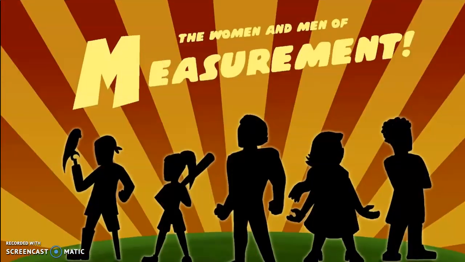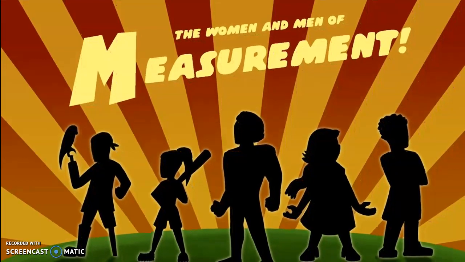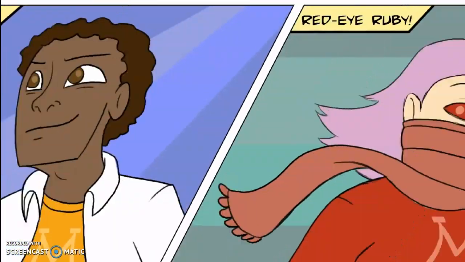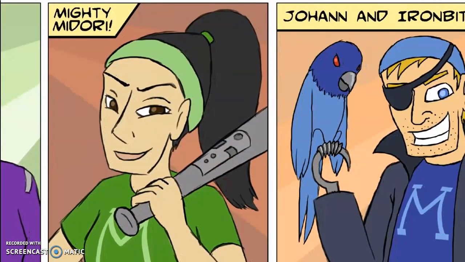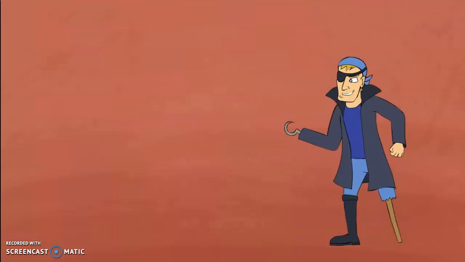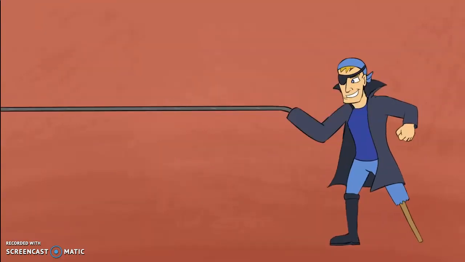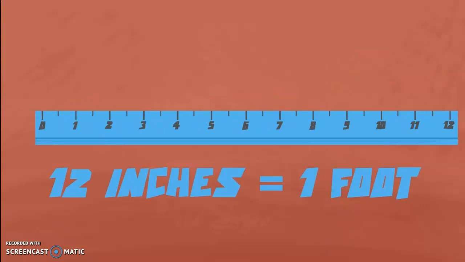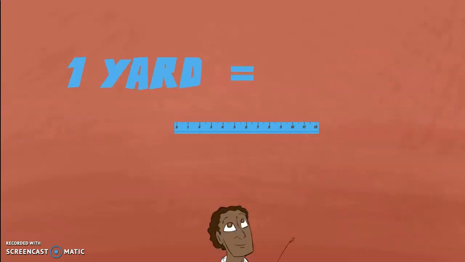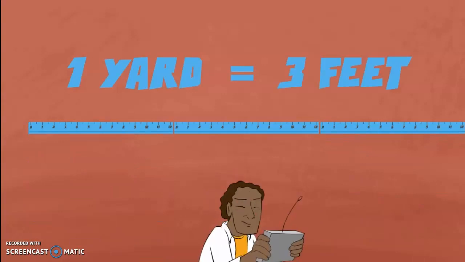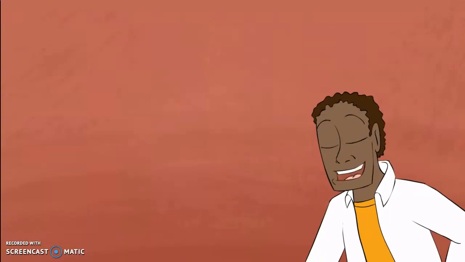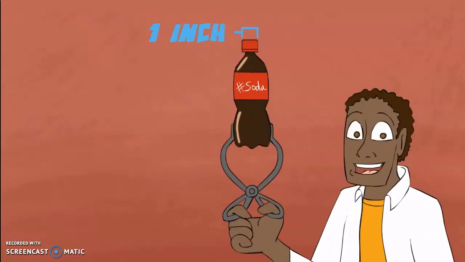We are the women and men of measurement. If there's a distance, we find the length of it. We know we can always put 12 inches inside a foot, and 1 yard just won't be complete if it does not contain 3 feet. 1 inch is what you got if you're looking at the top of a bottle of pop.